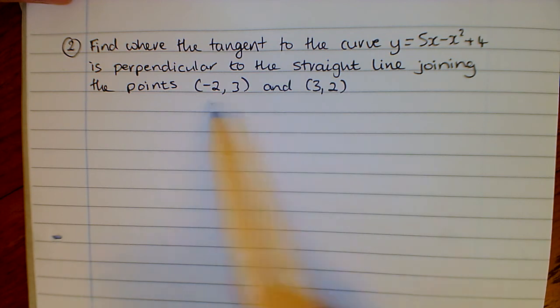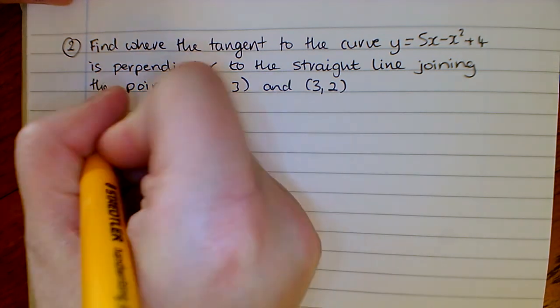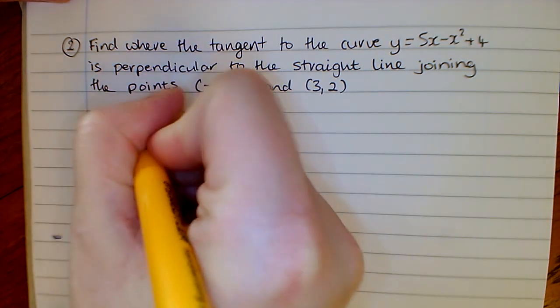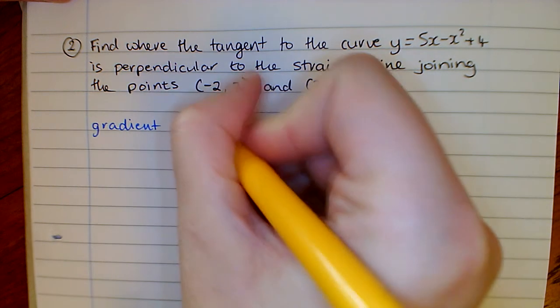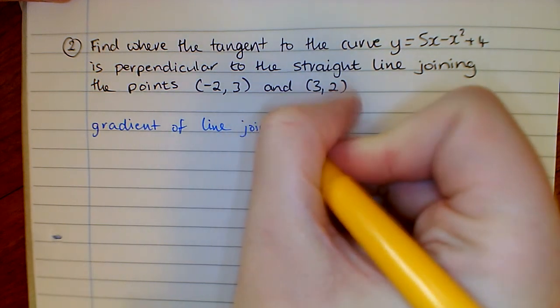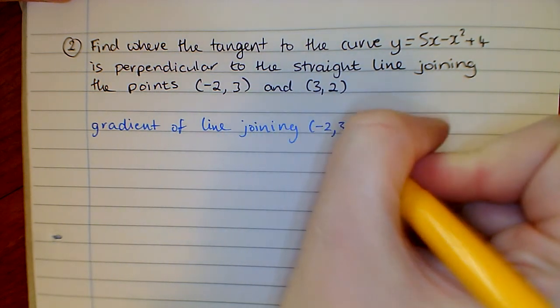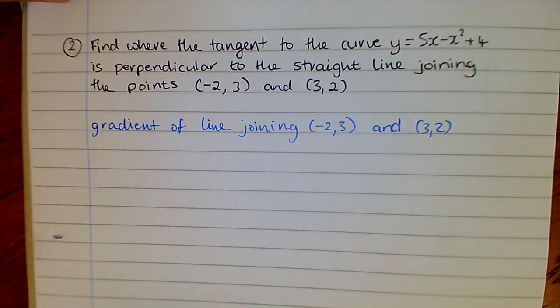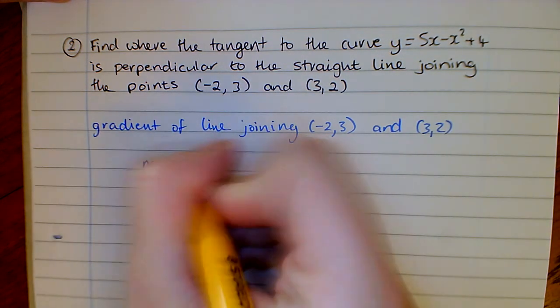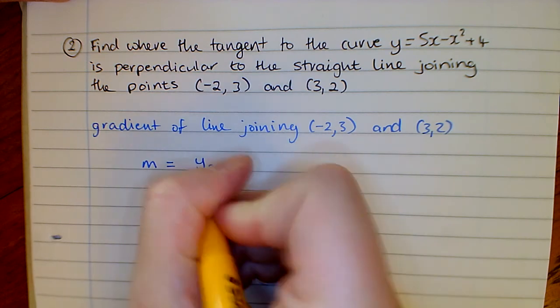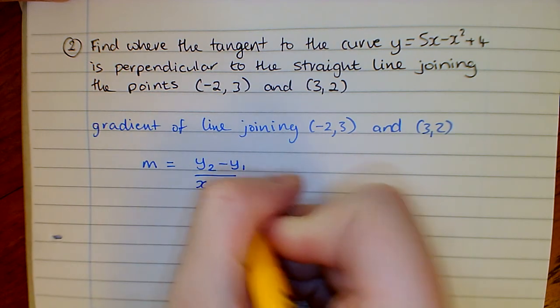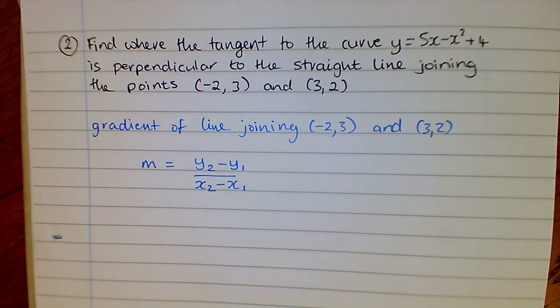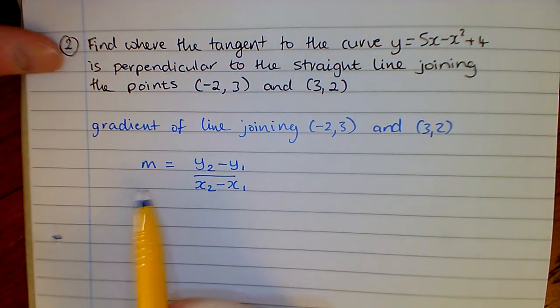So the first thing we need to do is find the gradient of the line joining minus 2, 3 and 3, 2. So use our formula then.